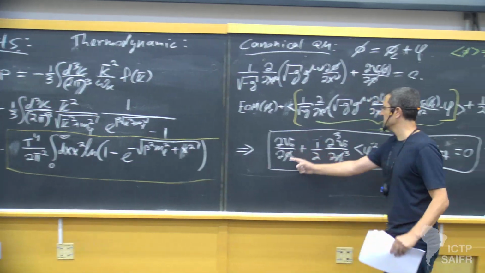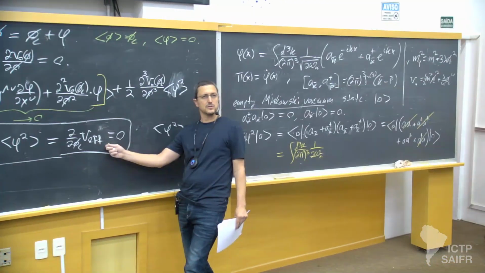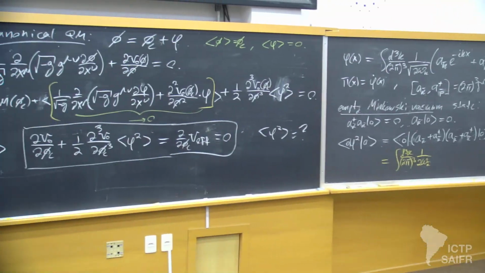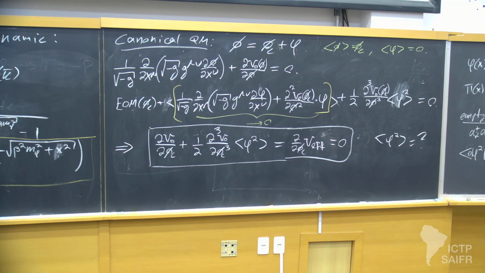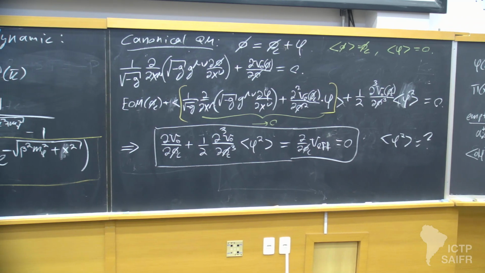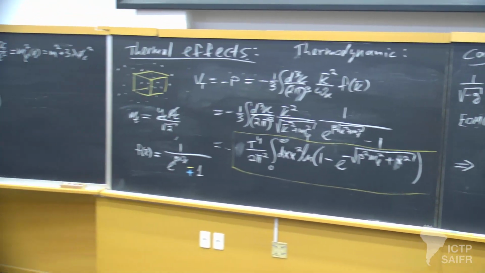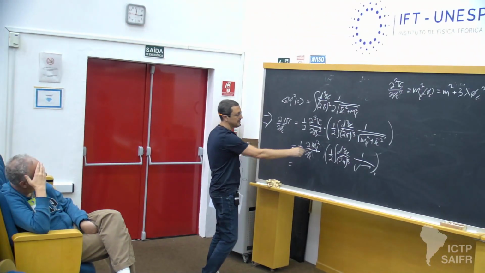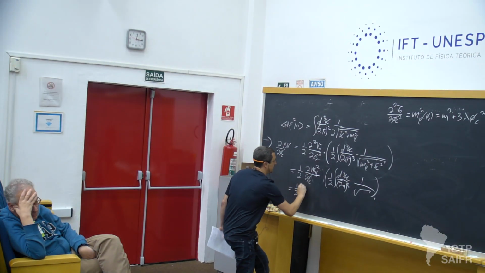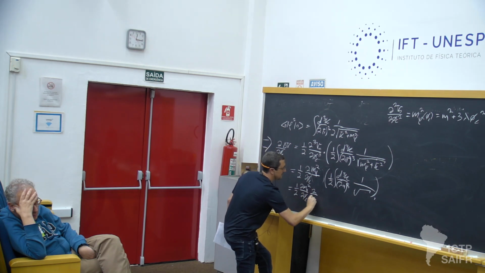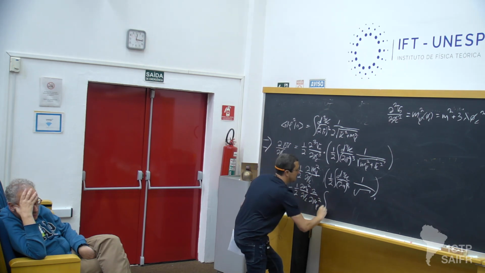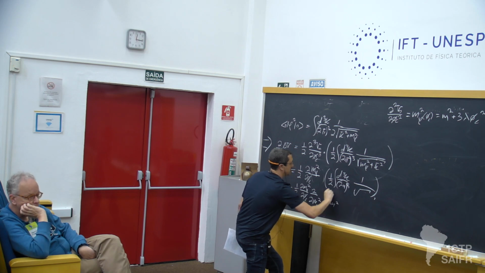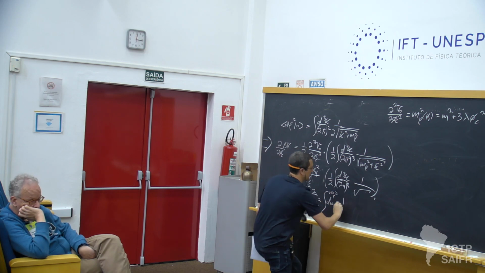The entire sum of these terms should become an extra contribution to the potential. To be more precise, I was not careful here. What I really had is d by d phi c, right? Thanks very much. So the exercise that you can do, you can just introduce the fake integral and take it out. So a half d m phi squared by d phi c, d by d m phi squared, integral d m squared, half.